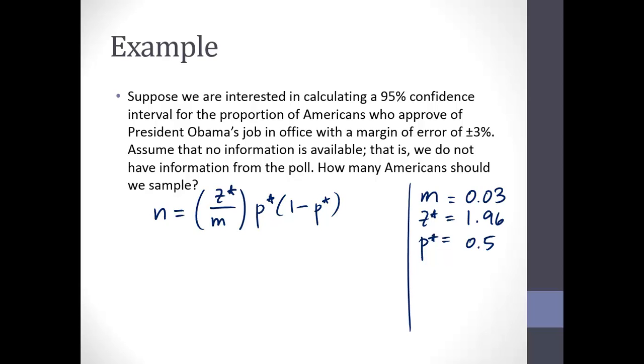So now I can plug these things in and do the calculation. This is 1.96 divided by 0.03, and I've done another typo here, it should be squared up there. So that thing squared times 0.5 times 1 minus 0.5.